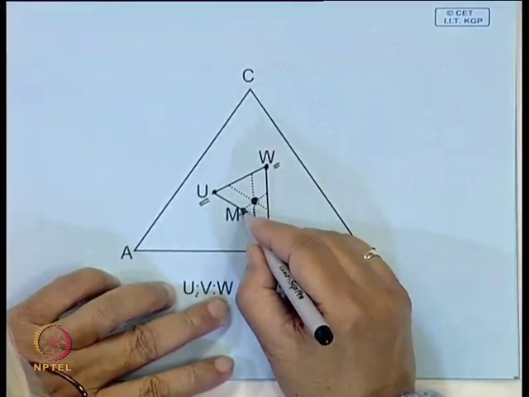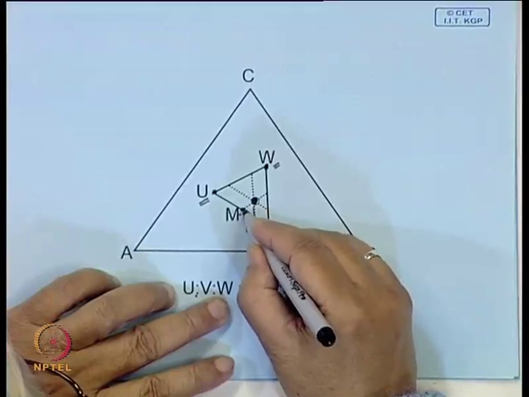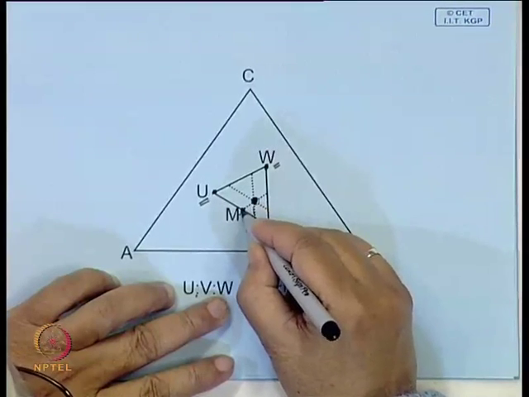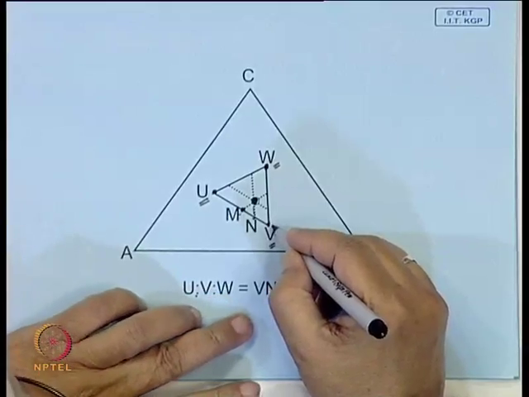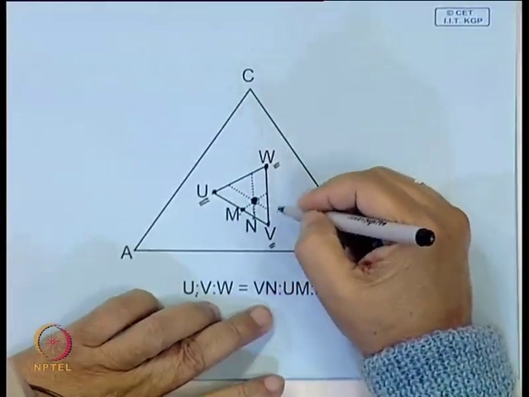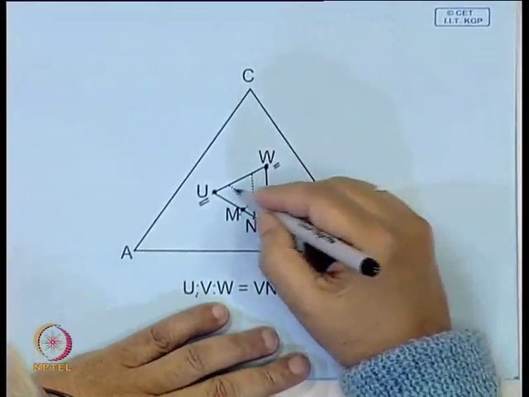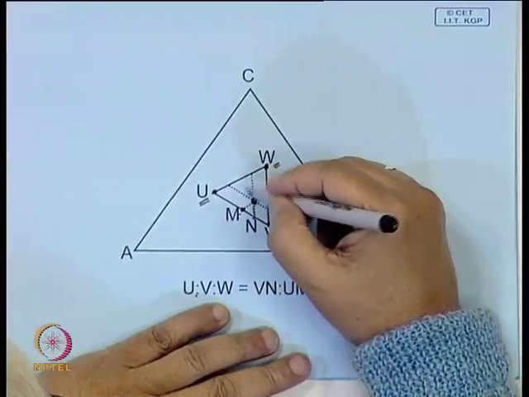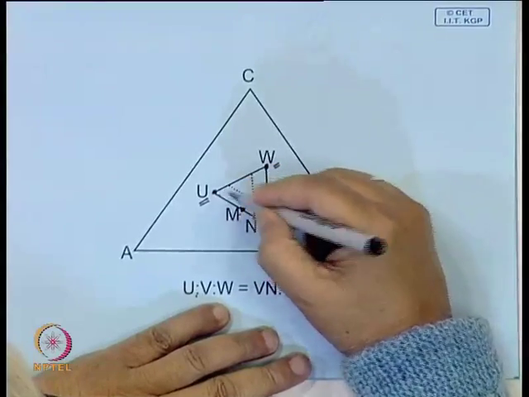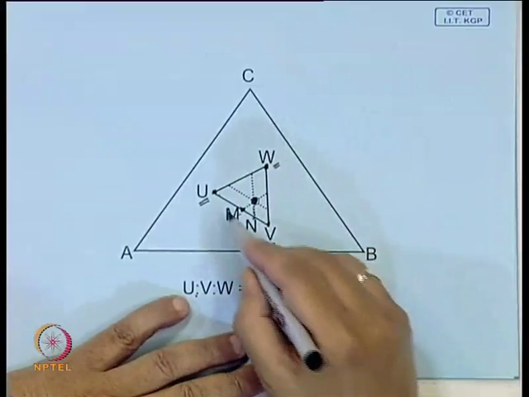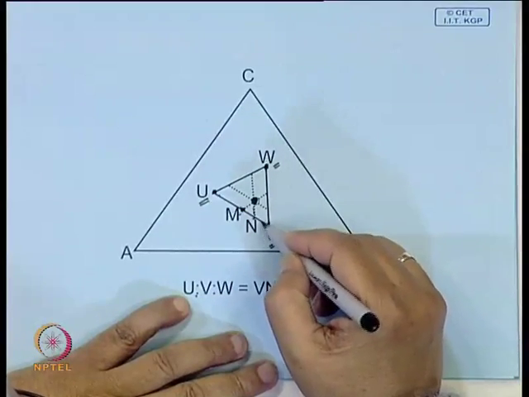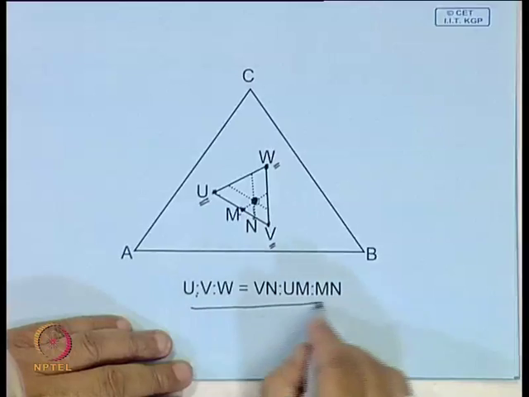W is equal to this from here to here, which is equal to m n. Similarly, V is equal to U m, and U is equal to V n, which is shown over here.